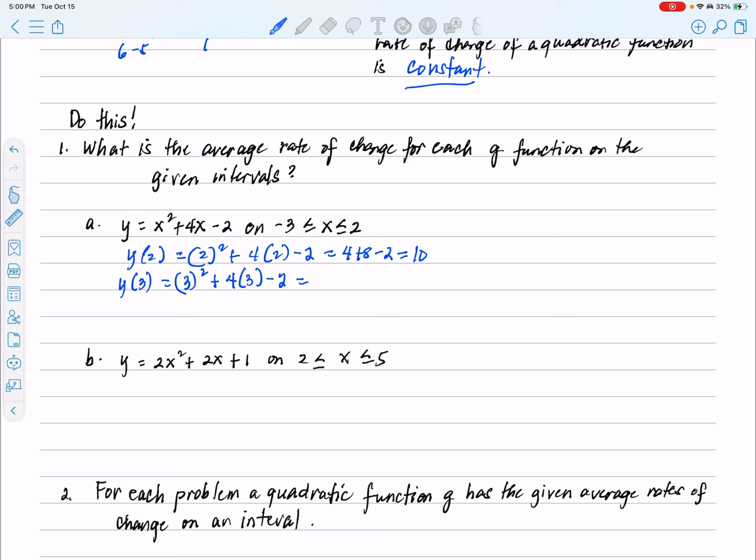So you have 9, negative 3 squared is 9, plus 4 times negative 3, that is minus 12, minus 2.